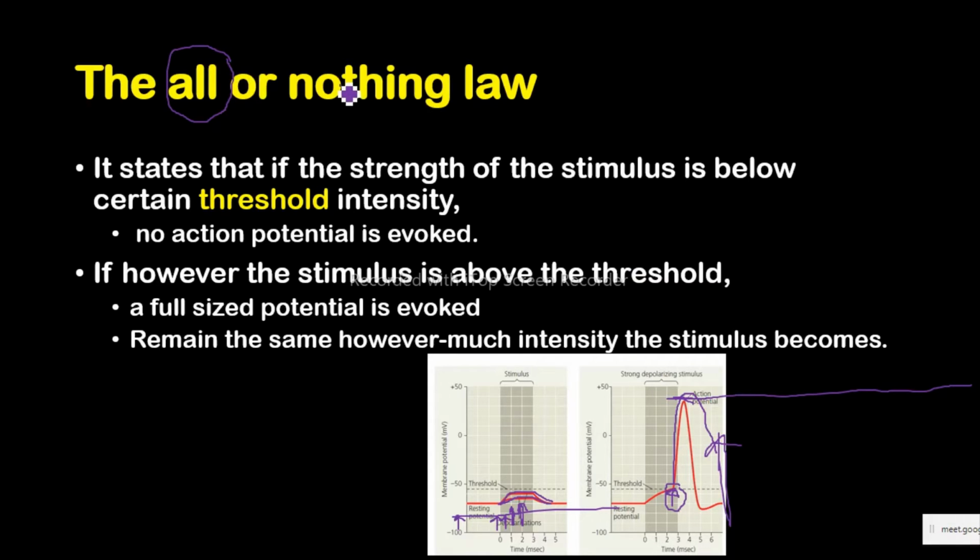Or nothing. Why nothing? Because the intensity is way below the threshold value. Is that okay? That is basically how it is, and you should be in a position to explain that fully.